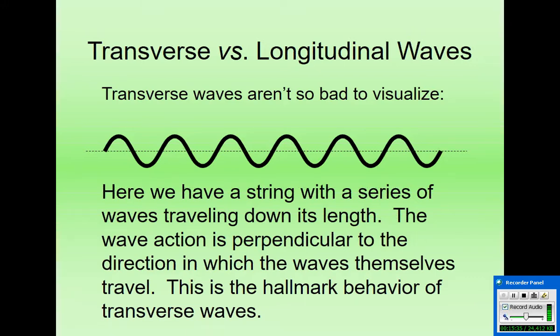The string itself is moving perpendicularly to the direction in which the pulse is traveling. The pulse travels down the length of the string and oscillates perpendicularly to its own length. This is a transverse wave.